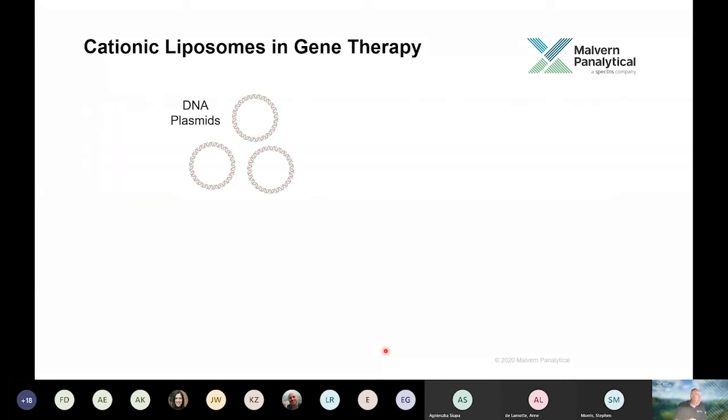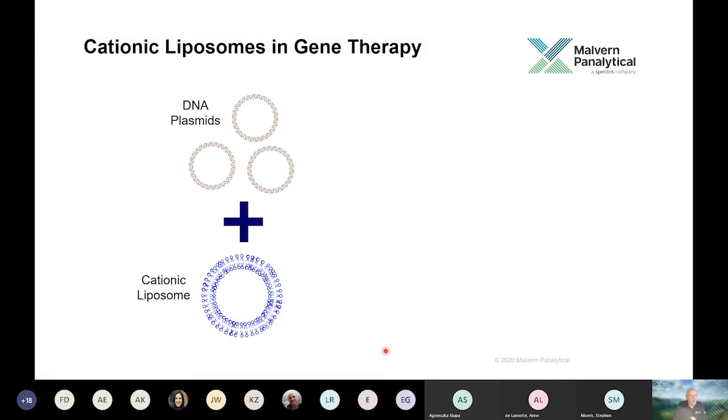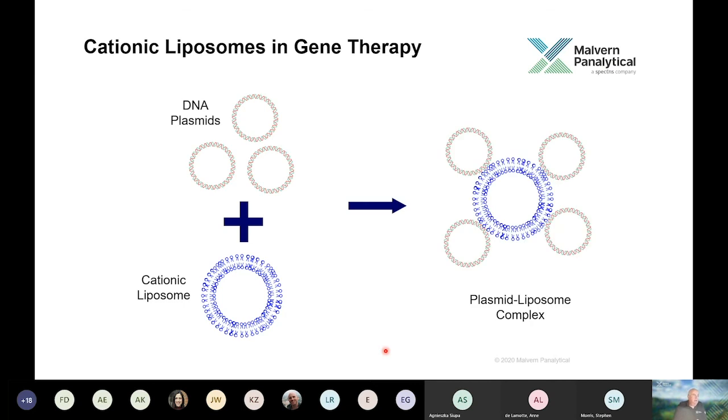They're basically mixing DNA in plasmid form with liposomes, typically cationic because the DNA is negatively charged, and you form a complex. Blimey, when I was doing liposome work, this used to be called the meatballs and spaghetti model, actually.